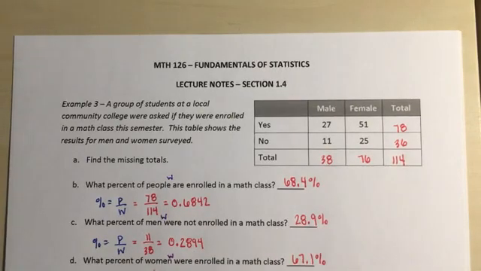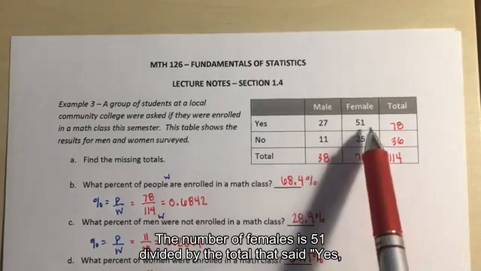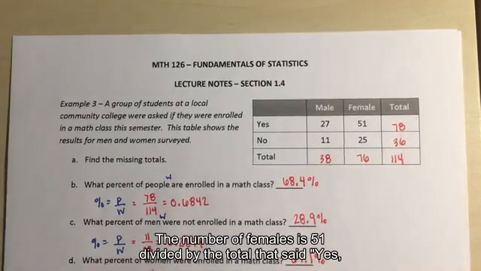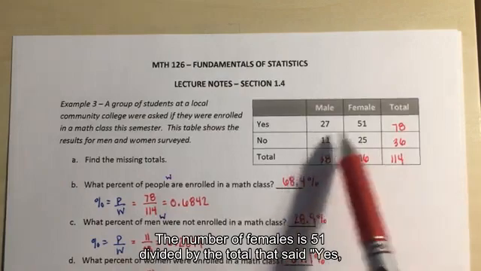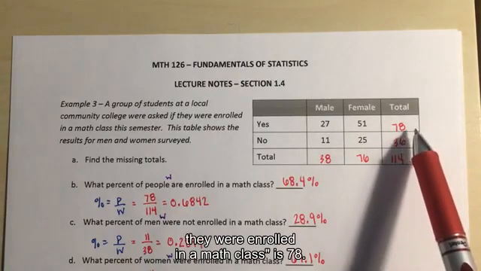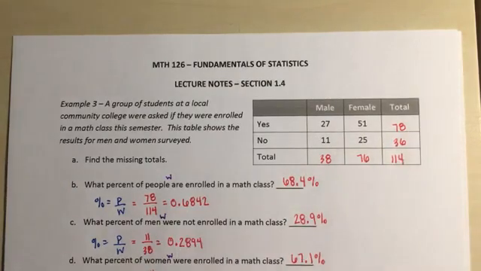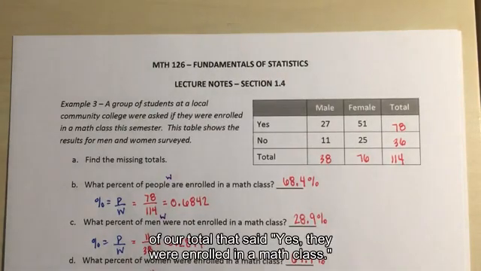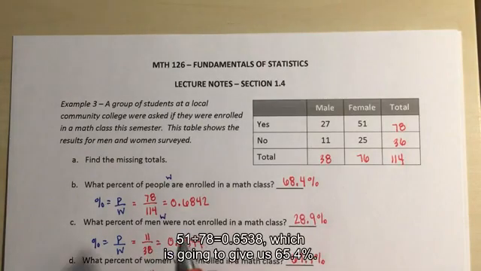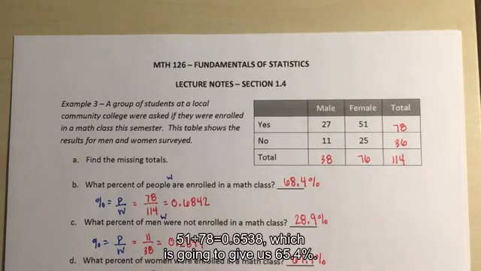So the number of females is 51, divided by the total that said yes, they were enrolled in a math class, which is 78. Again, we're not going out of our overall total, we're going out of our total that said yes. 51 divided by 78 is 0.6538, which gives us 65.4%.